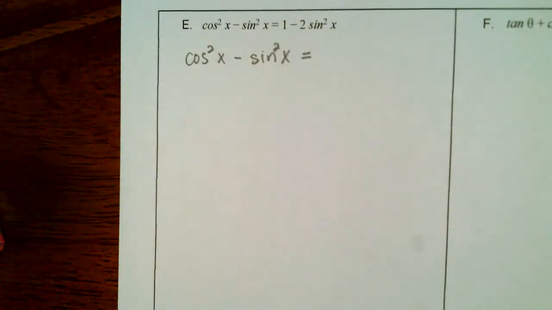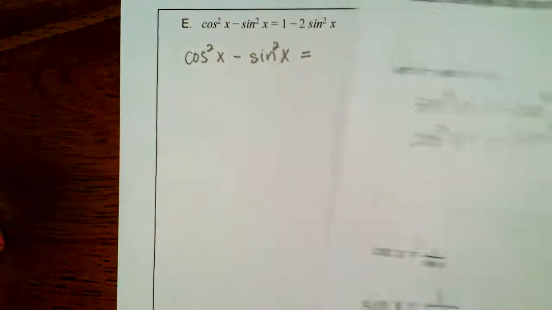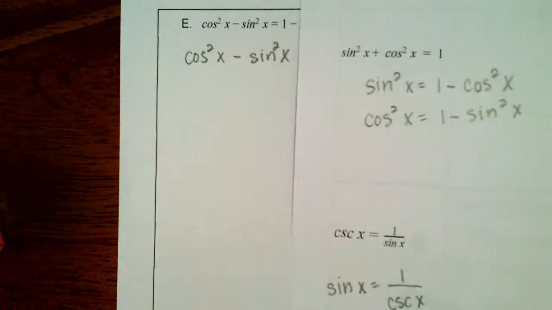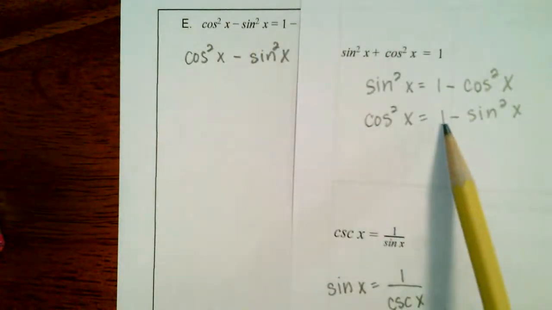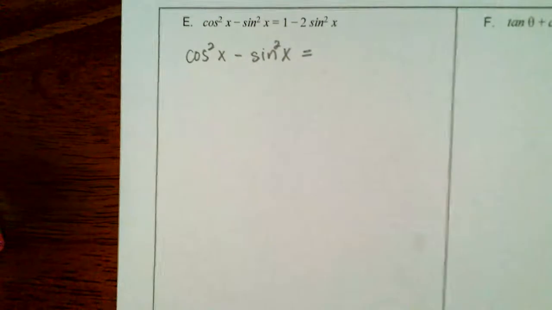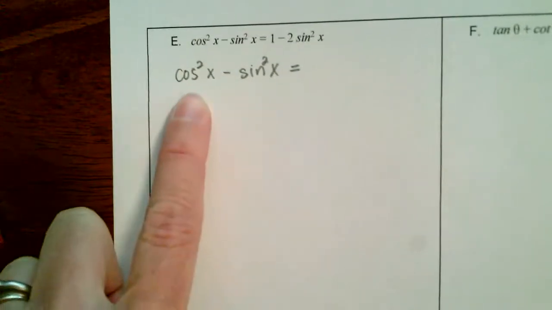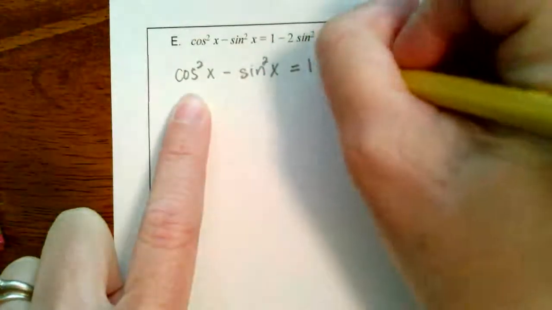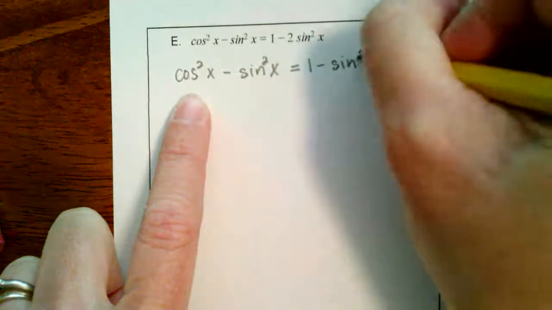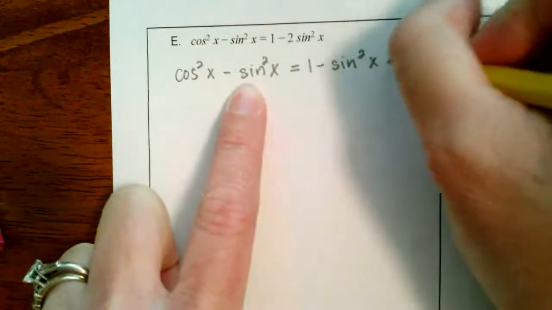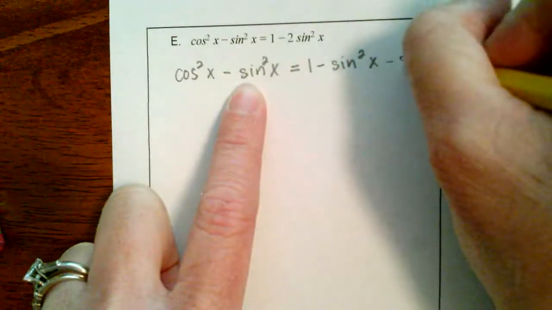Okay, so looking back, I can see that my cosine squared of x is equal to 1 minus sine squared of x. So wherever I see my cosine squared, I'm going to replace it with 1 minus sine squared of x, and I still have minus a sine squared of x.